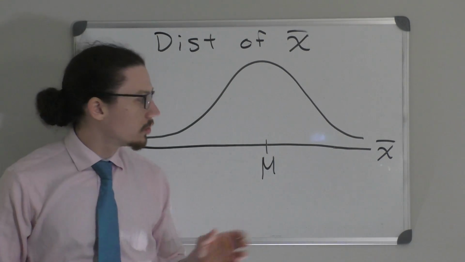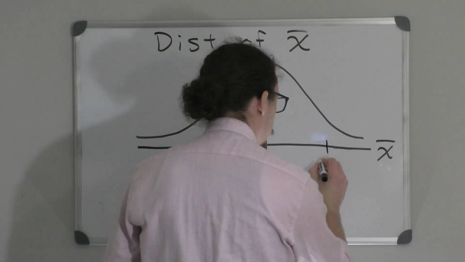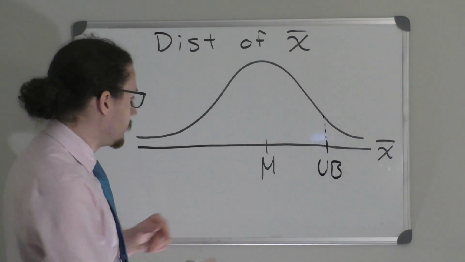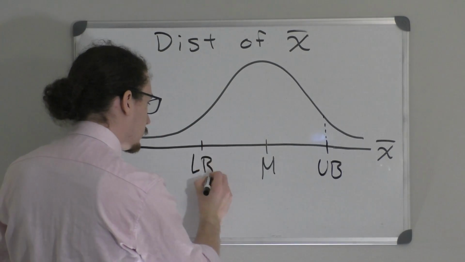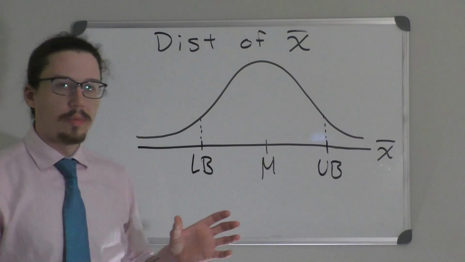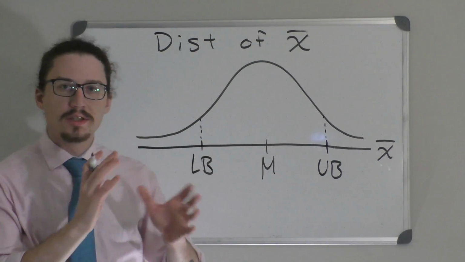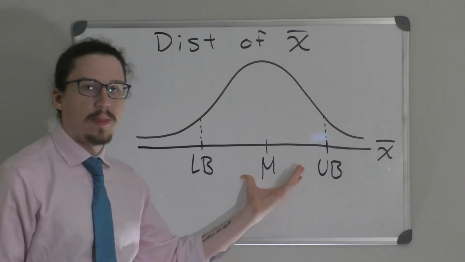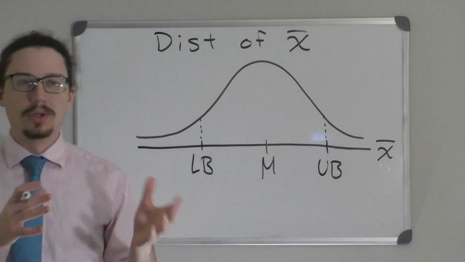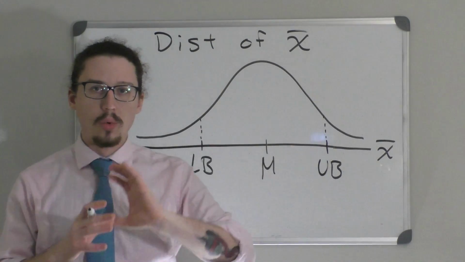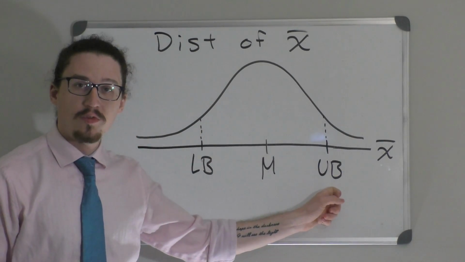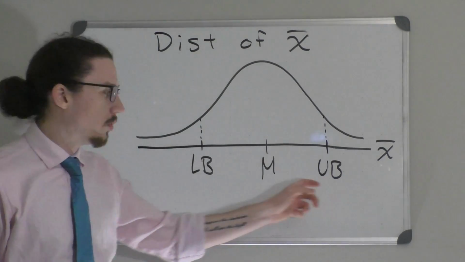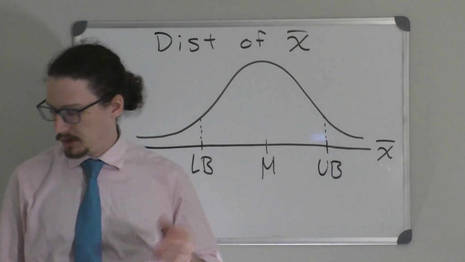So what we're going to try to do is create an upper boundary and a lower boundary, so that with some measure of confidence we can assume that the population mean falls between these two values, right? Ultimately, we're trying to find a way to get numbers for the upper boundary and the lower boundary.